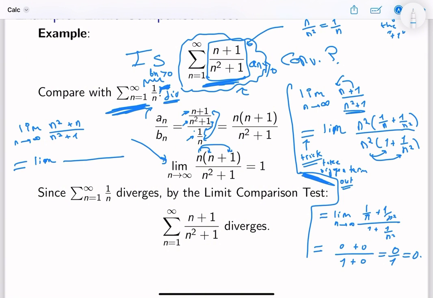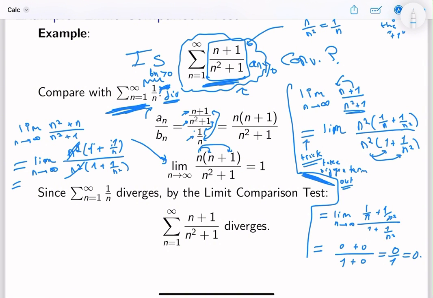What's the biggest power in what we're seeing here? It's n squared. So let's take n squared out above, and what's left inside is 1 plus 1 over n. And below, we also take n squared, and we're left with 1 plus 1 over n squared. Canceling the n squared, we have the limit of 1 plus 1 over n.